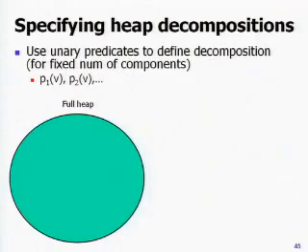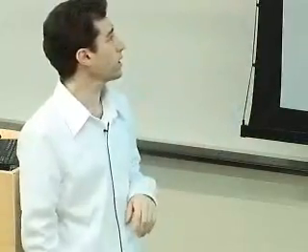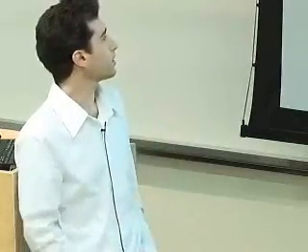So let me show just the kind of specification that I'm using. Actually, I'm cheating a little bit. I'm showing the one kind of specification that we're using. In this kind of specification, you define a finite set of unary predicates that capture a subset of the objects. Suppose you have this full heap, this green circle, and P1 holds for a subset of the objects.